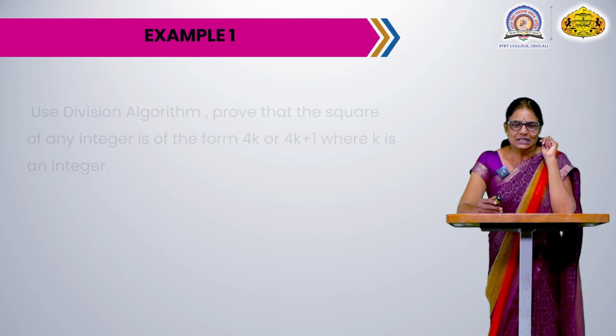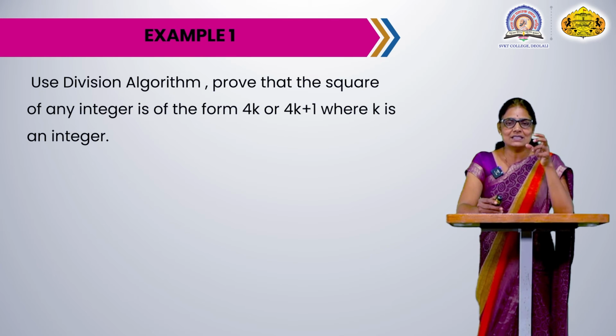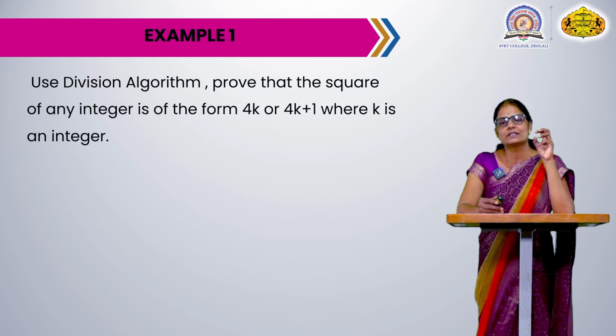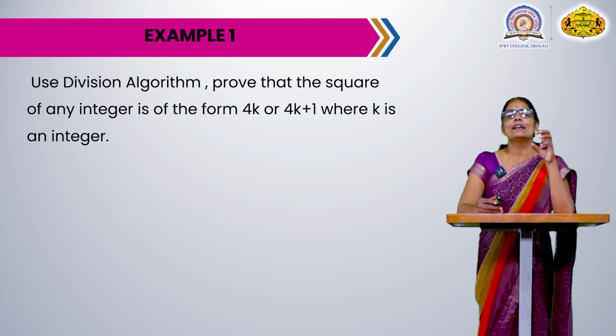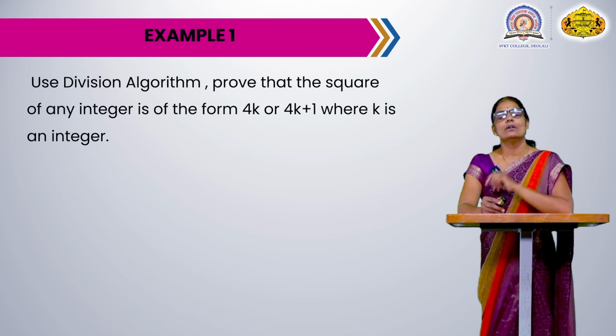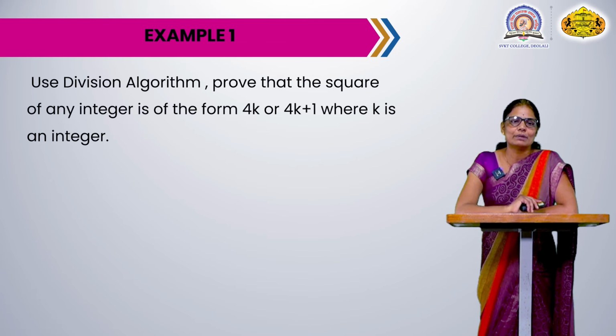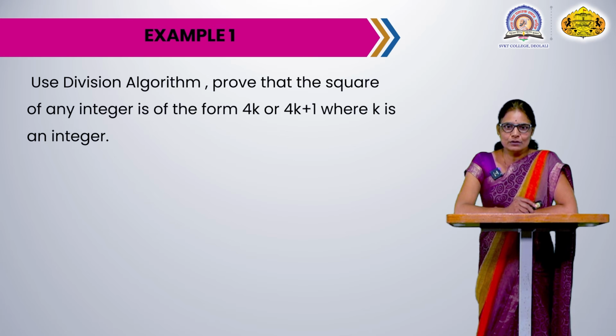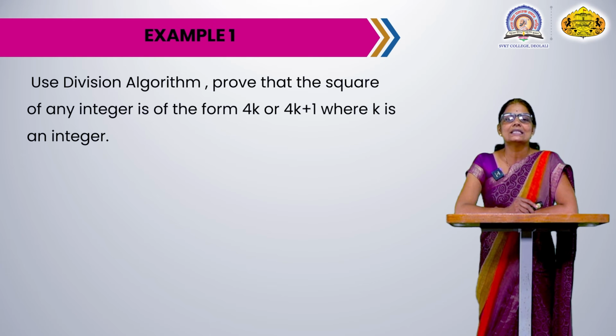So now consider some statements that can be proved by using the division algorithm theorem. Let us consider the first example here. Use division algorithm to prove that the square of any integer is of the form 4k or 4k plus 1, where k is an integer.